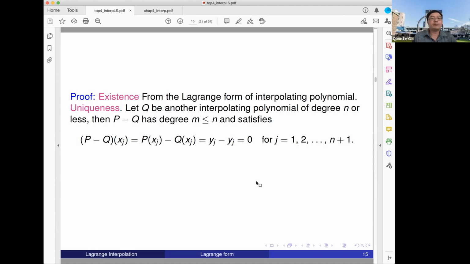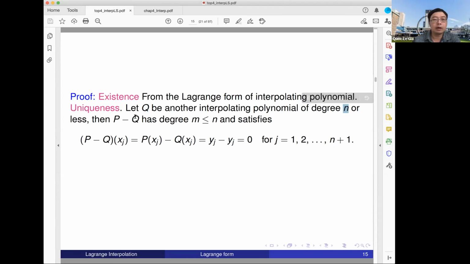Now the tricky part is uniqueness. Uniqueness means that the polynomial I constructed is the only one. And now how do I prove that? Well, I just assume that Q is another polynomial of degree n.